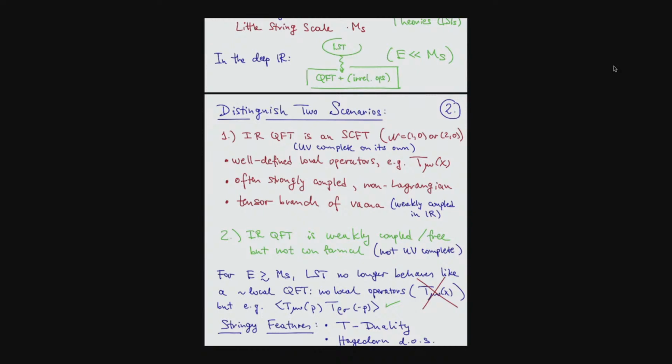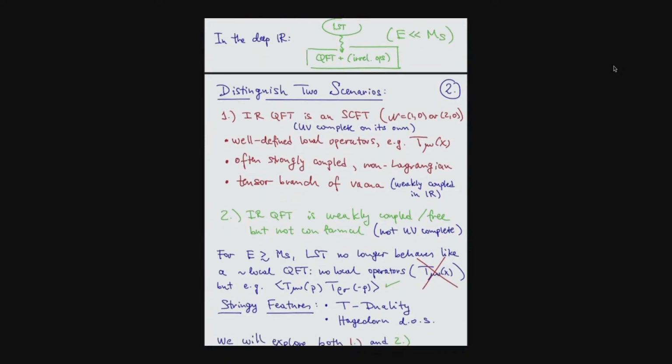It has well-defined local operators, and in particular, it has a well-defined local and conserved stress tensor, T. And what makes these theories interesting and challenging is that they're typically strongly coupled, and they typically don't have a Lagrangian description.